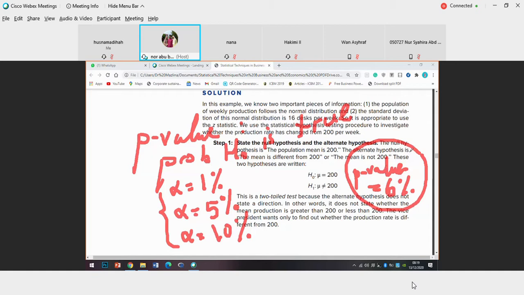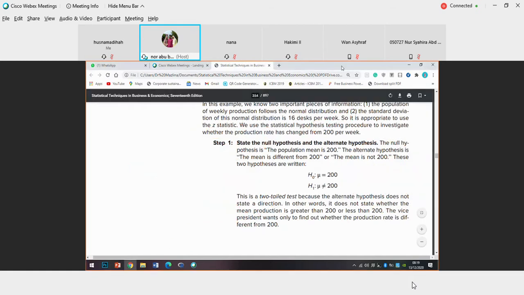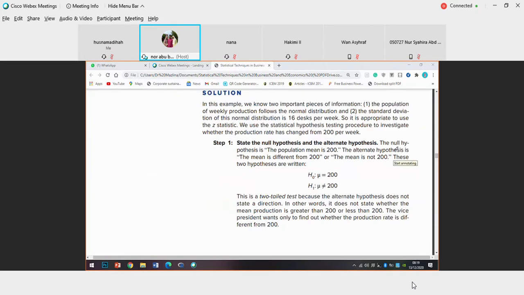Sebab bila kita tengok p-value, kita tahu kita boleh reject dekat mana. Nampak tak ni? Okey, jadi kalau p-value dia 6%, dia lebih daripada 1% kan? So you do not reject at 1%. Okey, nanti saya lakarkan semula. Sekejap. Okay, it is very important for you to understand this.